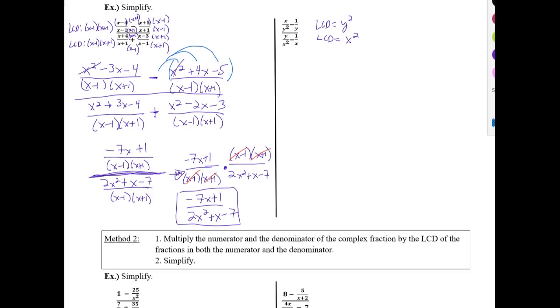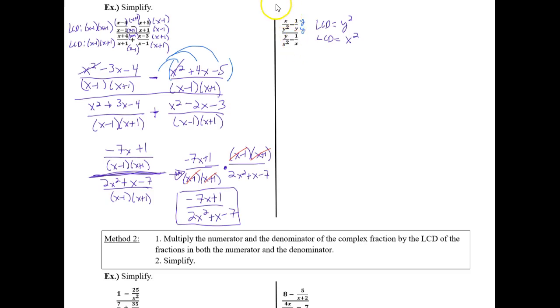So now, this fraction on the left already has the y squared. I need to make this denominator y squared. I multiply numerator and denominator by y. In the fractions in the denominator, the first one already has an x squared. I need to make the second one an x squared.